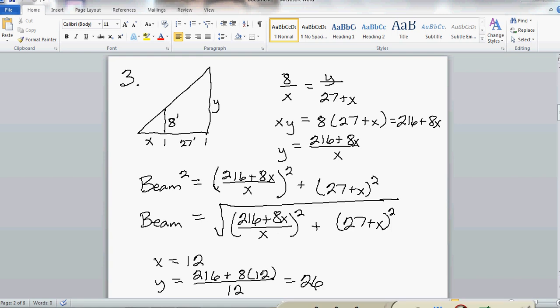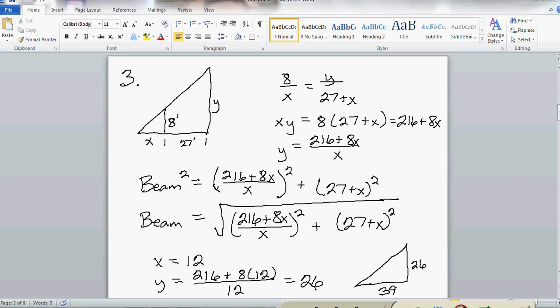So now we still haven't answered what the beam is. We haven't determined exactly how long the beam is. But now if we look at the big triangle, we know that the y value is 26. We know that x is 12, but that only represents this first part of it. So we need 12 plus 27, which is 39.